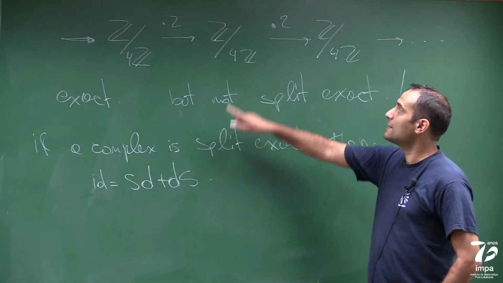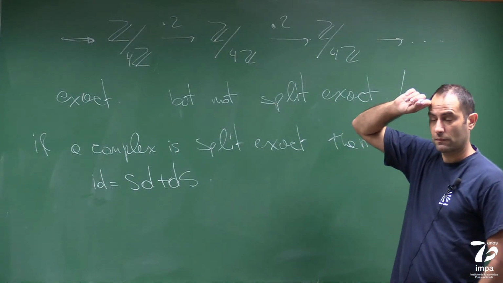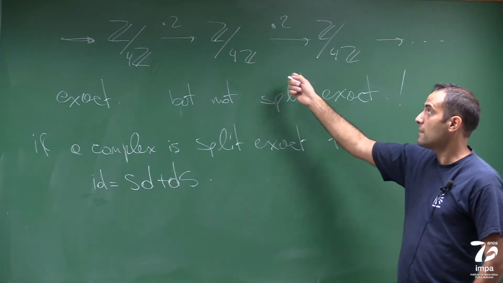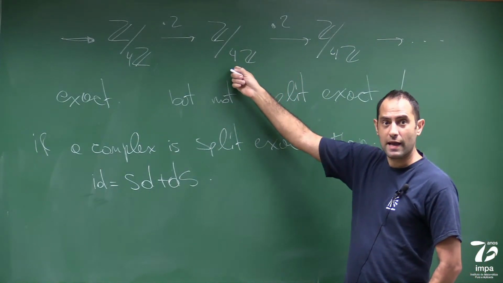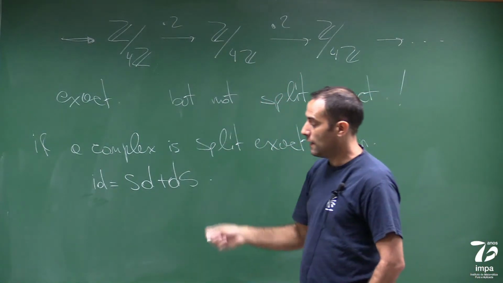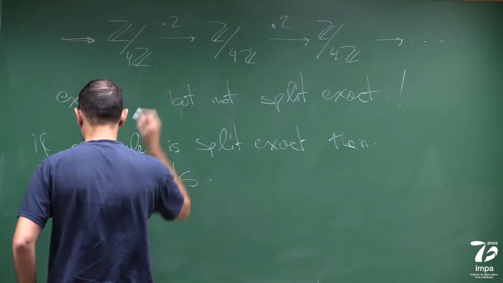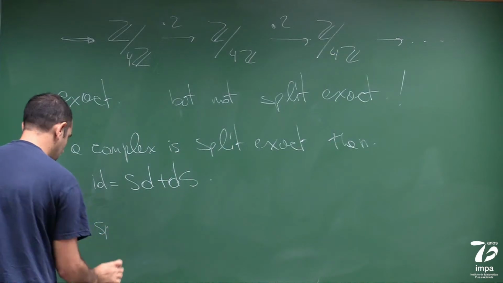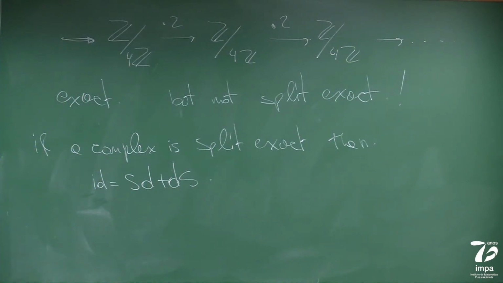So why can this not happen here? If I choose a splitting such that this thing happens, then I would see that this guy here would have to be, well, if there exists a splitting. Oh, wait. So let's look at that situation of a split exact complex.